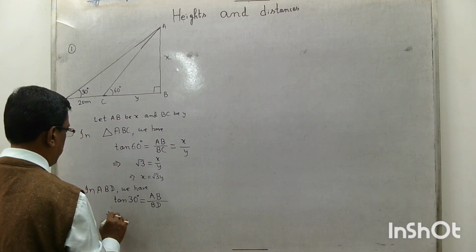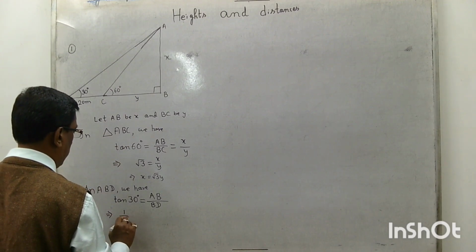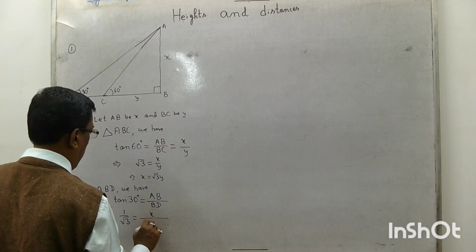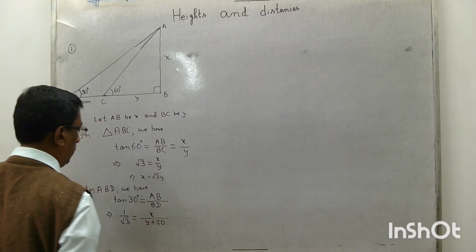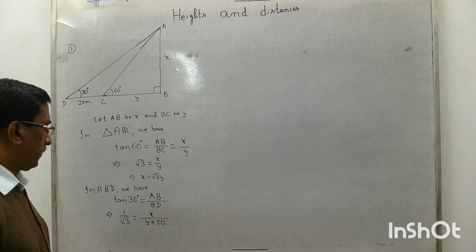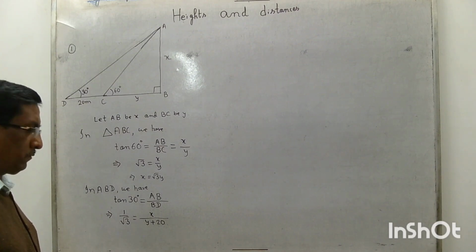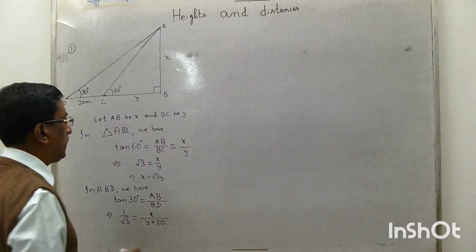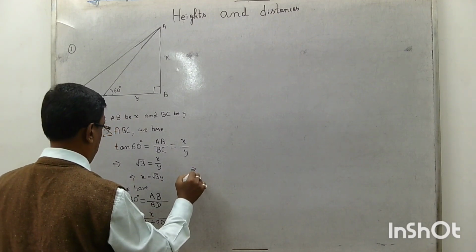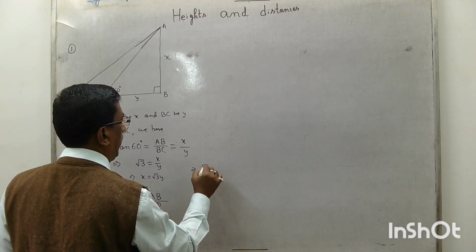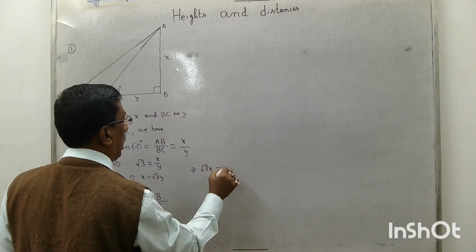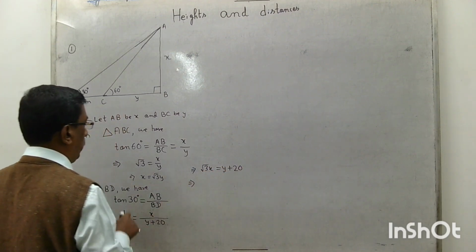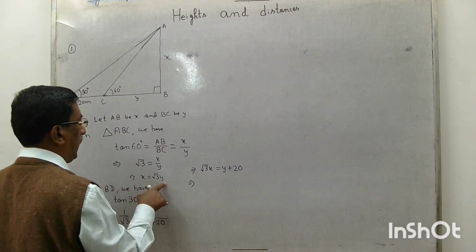Implies that 1 by root 3 equal to x by y plus 20. Clear? Now from this we have root 3x equals to y plus 20. We know that x equals to root 3y.